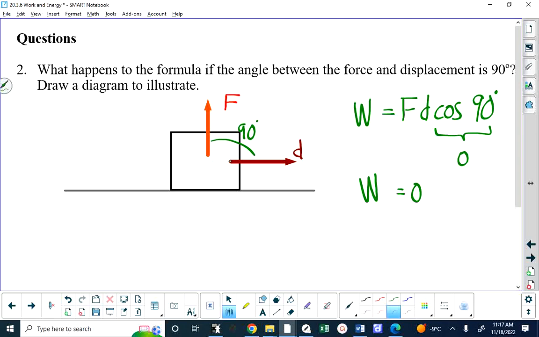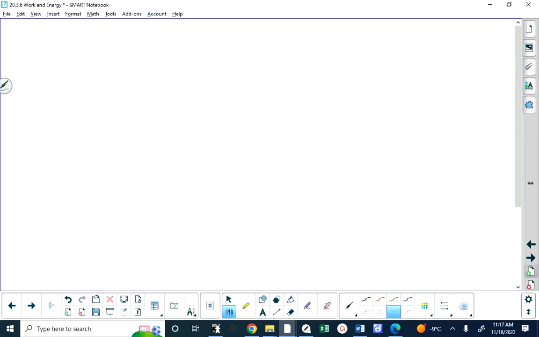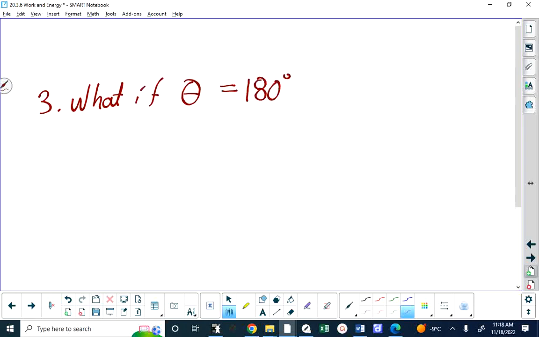I have a third question here I'm going to add under the questions section. I want to try to draw a connection here between physics and math. What if it's 180 degrees? What does that mean?